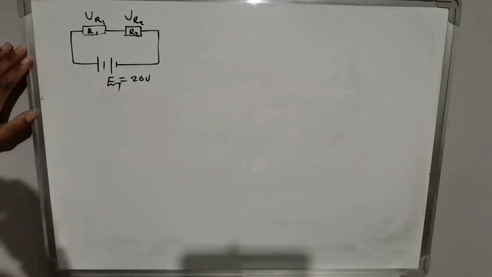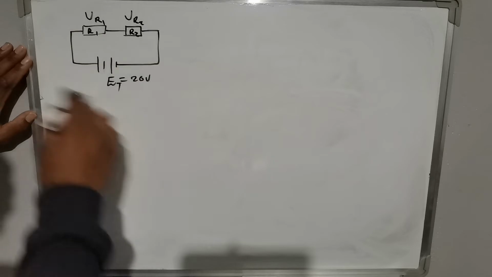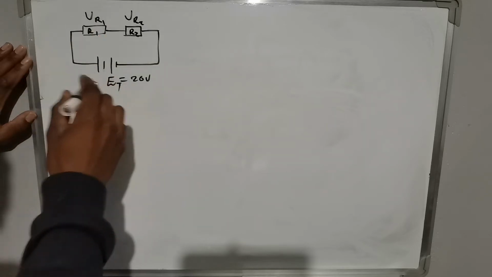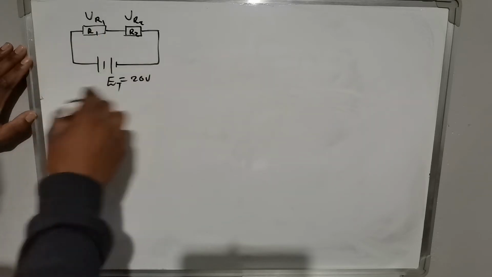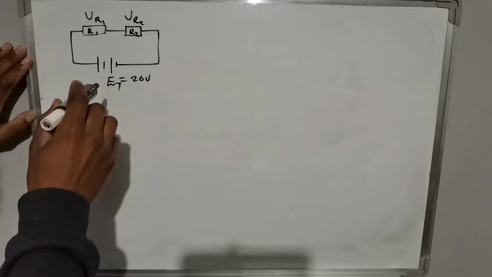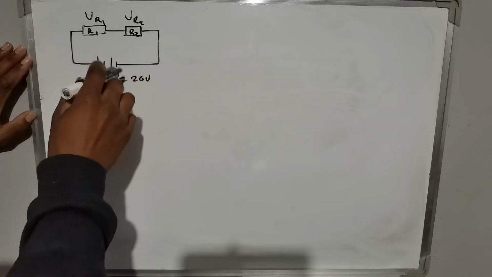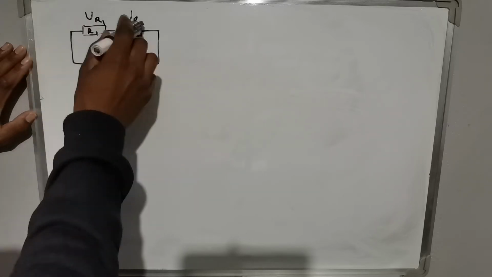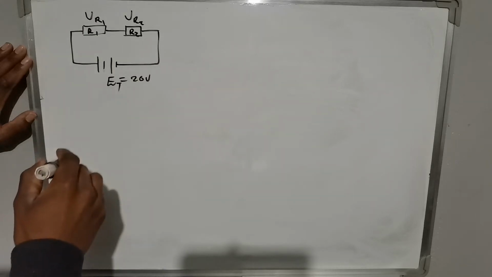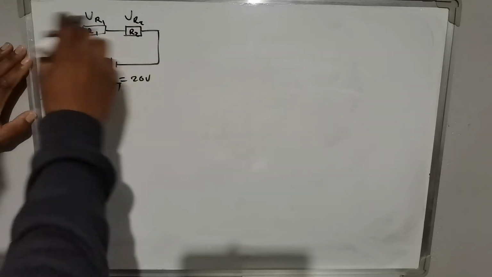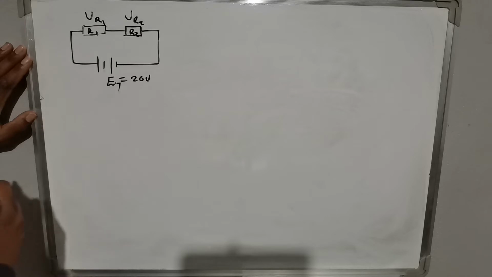So akuthola ukuthi in a closed loop, i-algebraic sum ye-EMF around is equal to a sum of these. So, or to the algebraic sum of these potential differences.